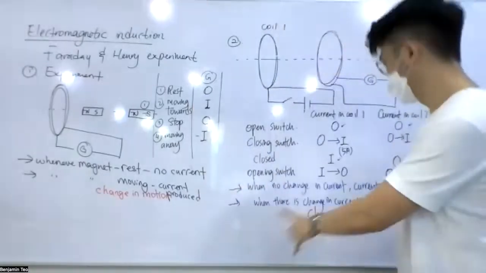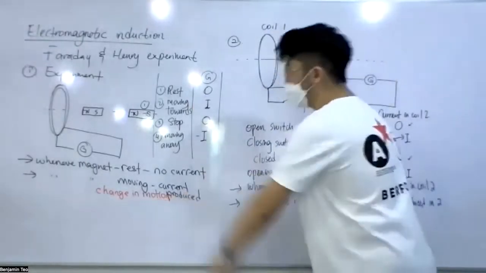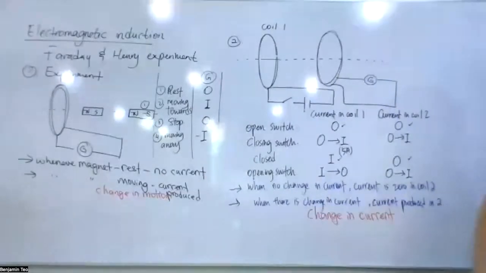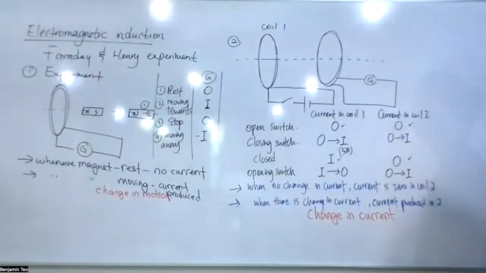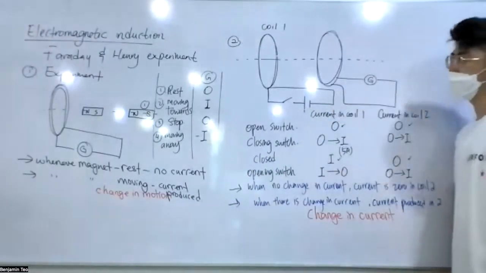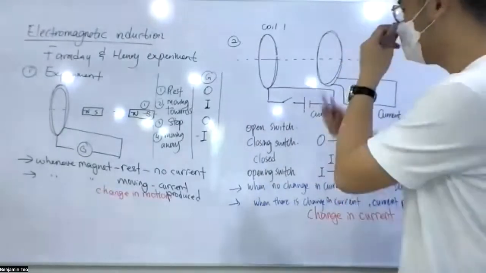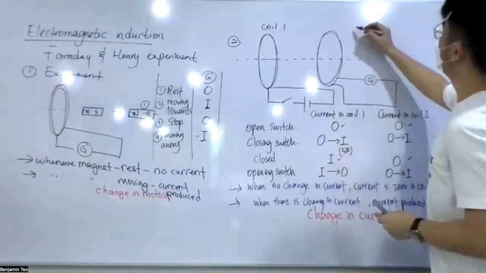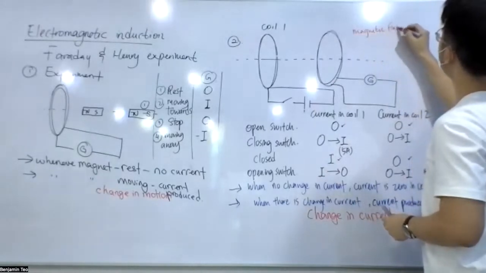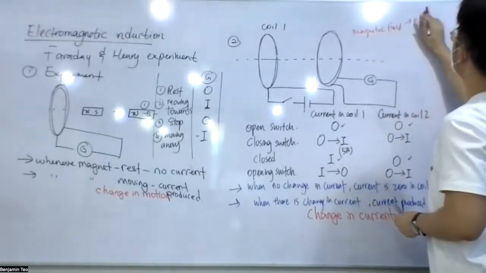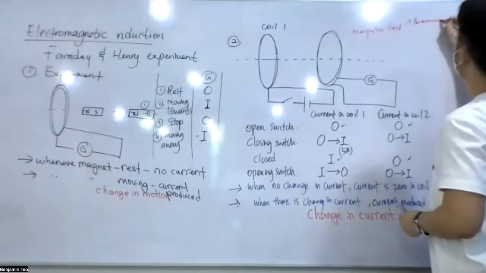Now, here we will answer why change in motion and change in current will have current over here. What's the reason? Okay, let's see. Example 2 first. We know that magnetic field is produced in two ways. First is by magnet, permanent magnet.